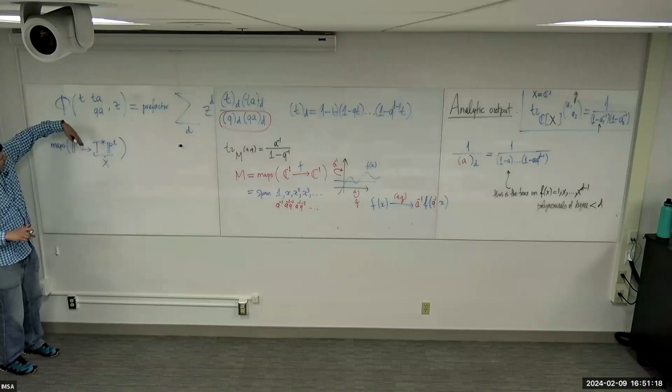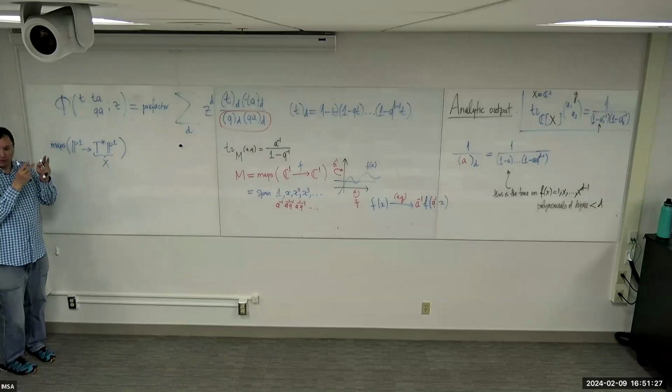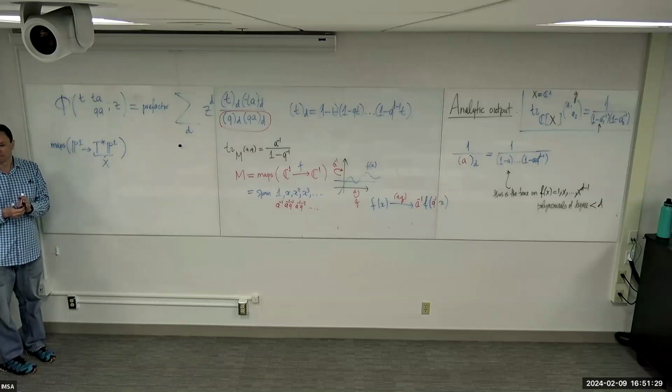What's a map from P1 to P1? A map to P1 in homogeneous coordinates means I have two polynomials of some degree.